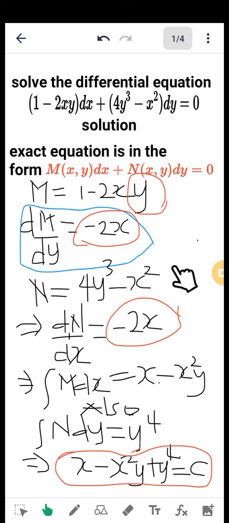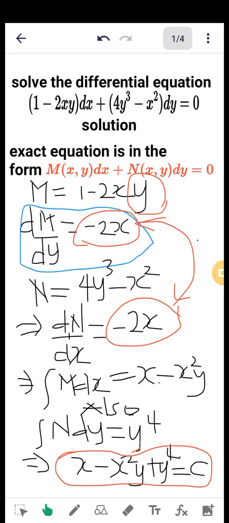So we can see clearly that my −2x, when I differentiated my M, is equal to −2x when I differentiated my N. When it happens like this, then my differential equation is said to be an exact equation.